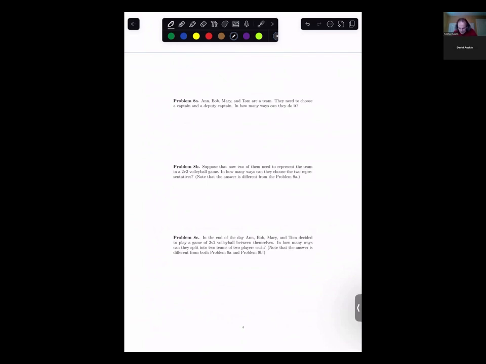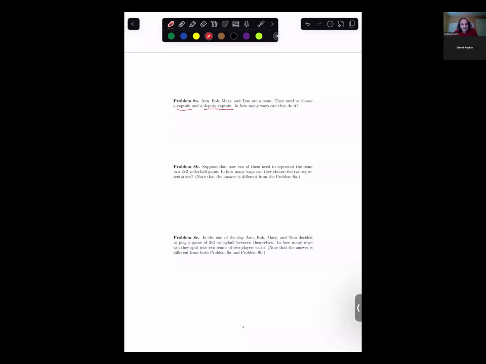So here is the next problem. We have four kids, Anne, Bob, Marie, and Tom. So they are a team, all right? And they need to choose a captain and a deputy captain. So two people.